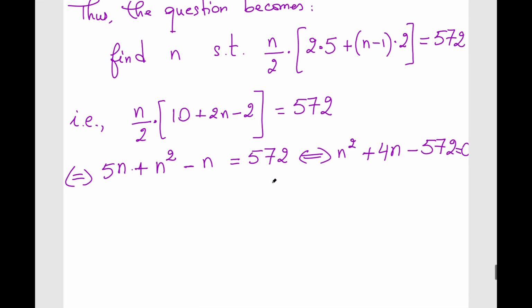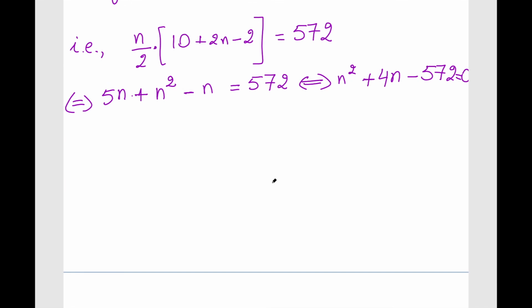And here, if you use the quadratic formula, you try to find b squared minus 4ac, the discriminant of the polynomial n squared plus 4n minus 572. I'm going to leave it as an exercise, so use the quadratic formula.